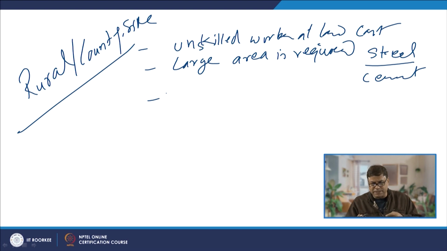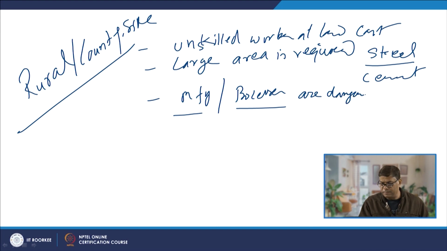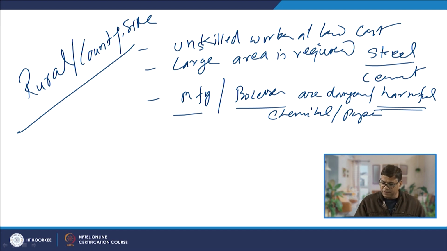Or consider the kind of processes involved in manufacturing certain goods and services, whether manufacturing or any other processes. If the processes and steps involved in manufacturing the goods and services are dangerous and harmful gases are emitted, in that case it is also preferred to locate such plants, like chemical plants, paper industries, and breweries, away from the cities, so that the odor and the harmful gases being released can be disposed of without much harm to the public.